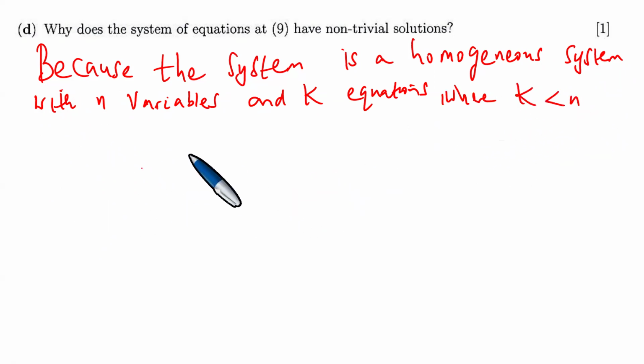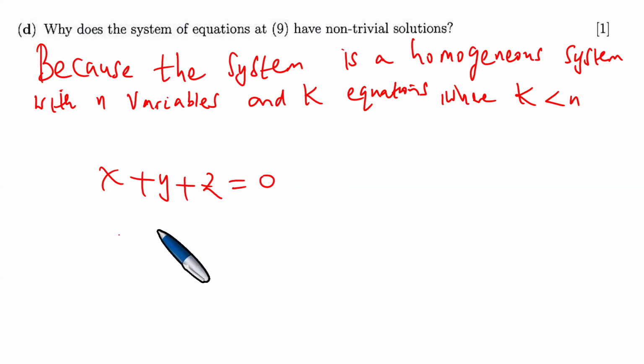All right, so what are we effectively saying here in a nutshell? N is bigger than k. In other words, you have more variables than equations. For example, you can have x plus y plus z equals 0, which is homogeneous, and then 2x minus y plus 3z equals 0.